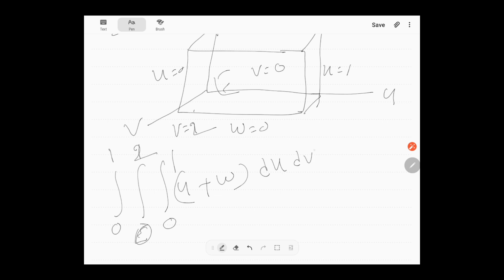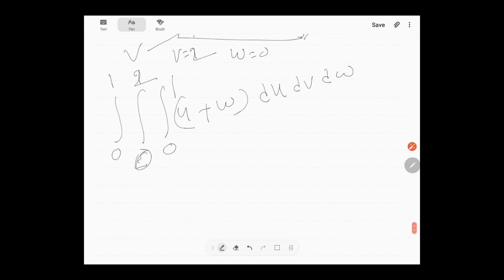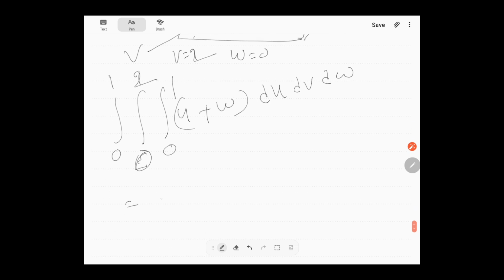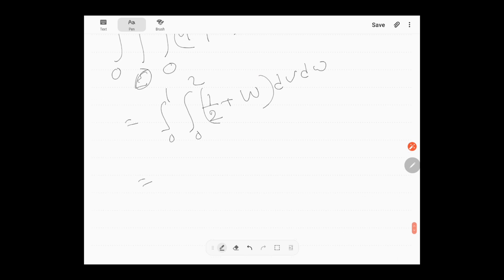Therefore, du dv dw. First of all, I need to do the integration with respect to u. Integral of u is u square by 2. If I substitute the limits, it is half. Integral of w is wu. If I substitute the limits 0 and 1, it is w, dv dw. Again, integral of 1 by 2 with respect to v is 1 by 2 into v.